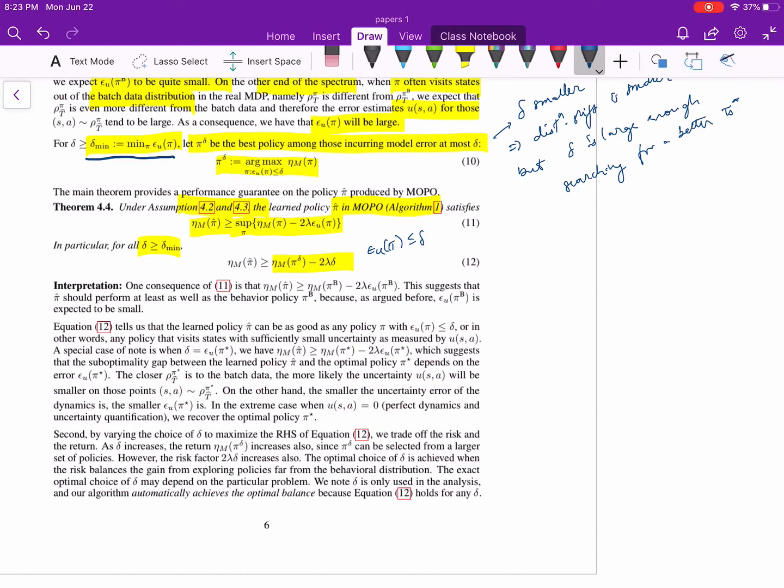So from 11, what I say is pi b, okay, is pi b in the search policy? But what are all the policies?